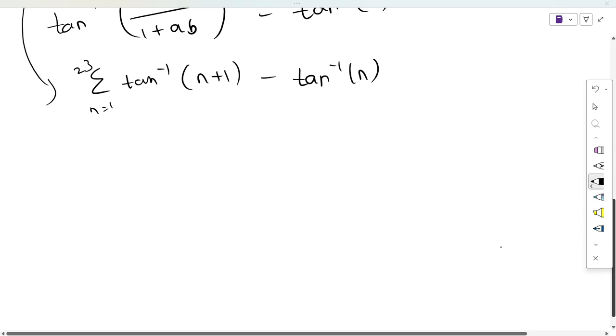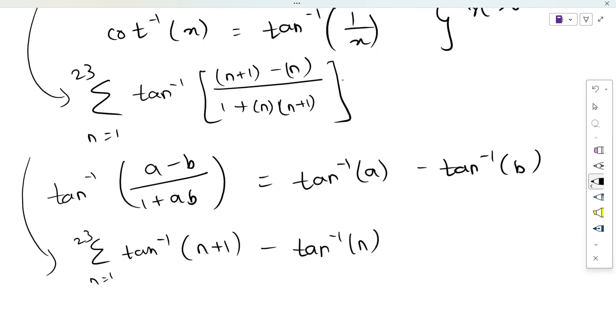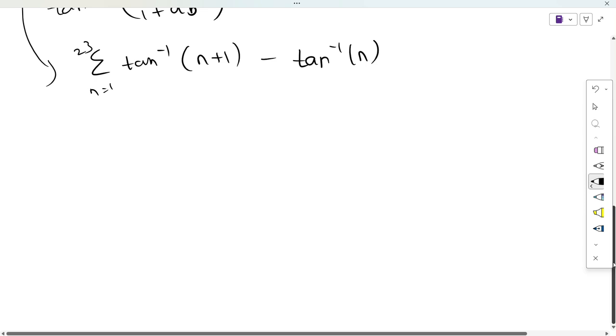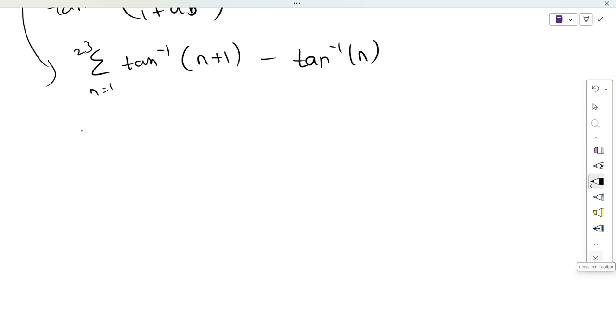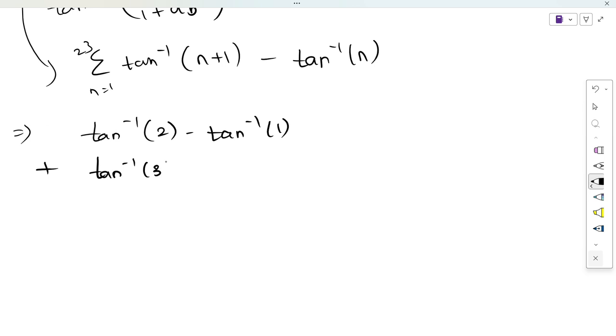Now what was the reason to write this as term 1 minus term 2? The reason lies in the summation itself. Let me show you by putting values one by one. This summation means I'll put values one by one and add all of them. So if I put n equal to 1, this will be tan inverse 2 minus tan inverse 1, plus if I put n equal to 2, then it will be tan inverse 3 minus tan inverse 2.